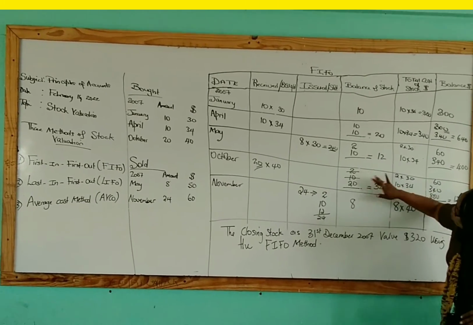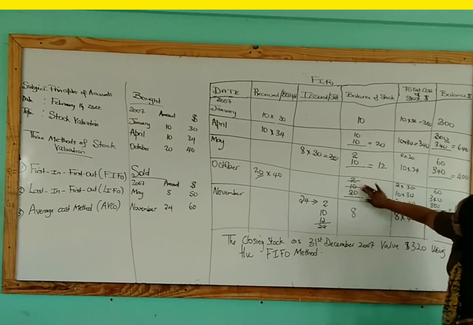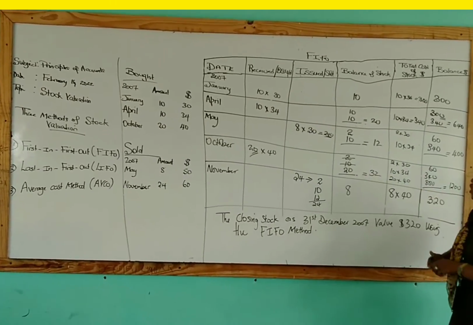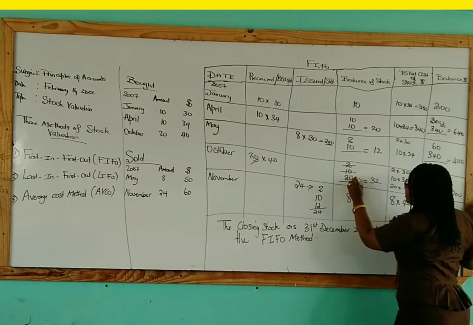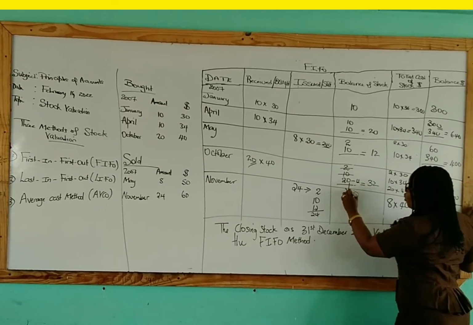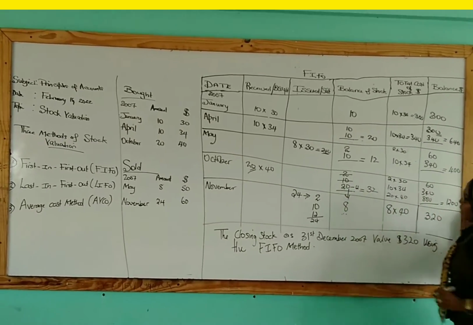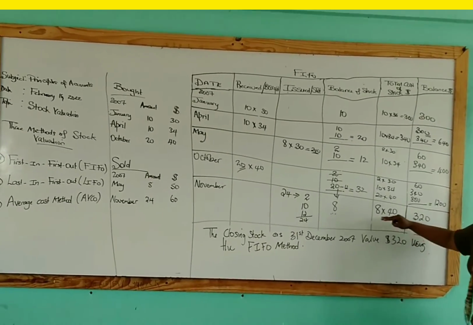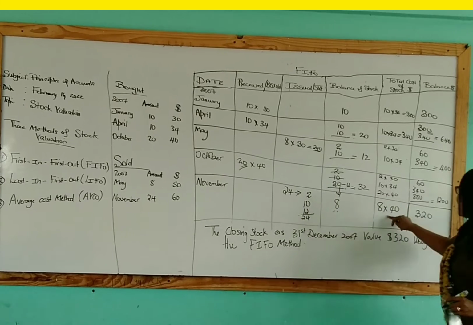Once the other stock is completely finished, then you focus on the next stock. Right? So because we take 12 out of this, that is the reason why now we have 8 remaining. And that is what we have in the storeroom at the end of the year. And it is valued at this price. 8 times 40, 320. Thank you.